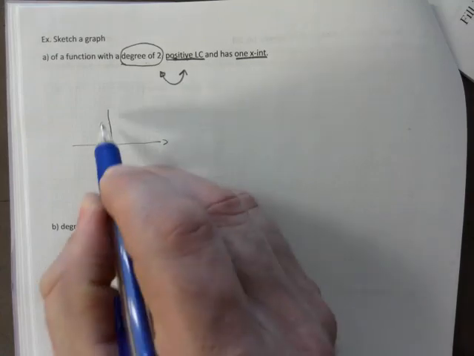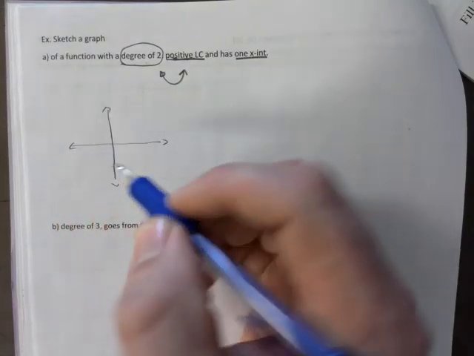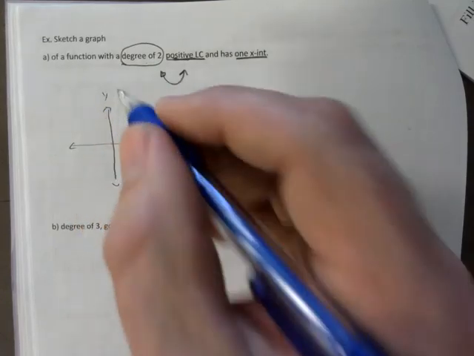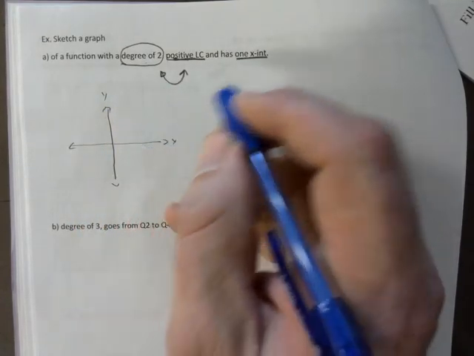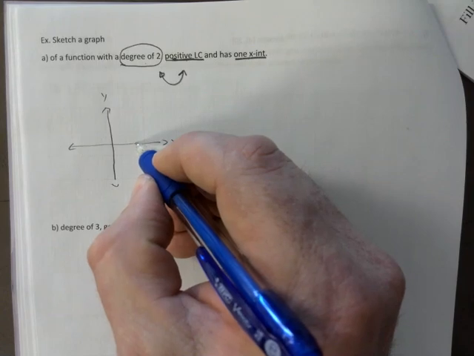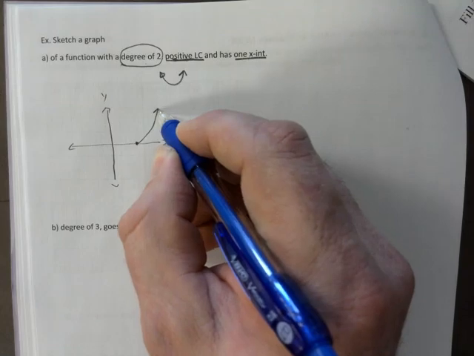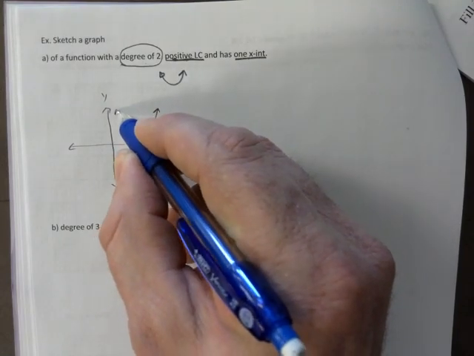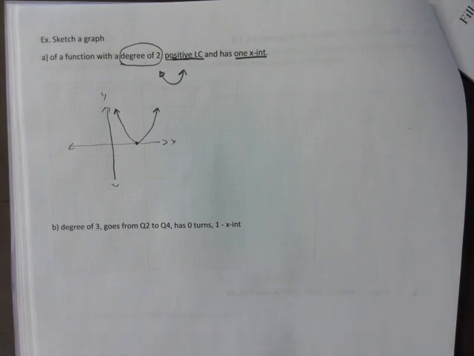If this is your x and y axis, just like that. Doesn't have to be pretty. If it has one x-intercept, it means that the vertex is right on the x-axis, and then it goes up from there. Okay, that's all I would want you to do there.